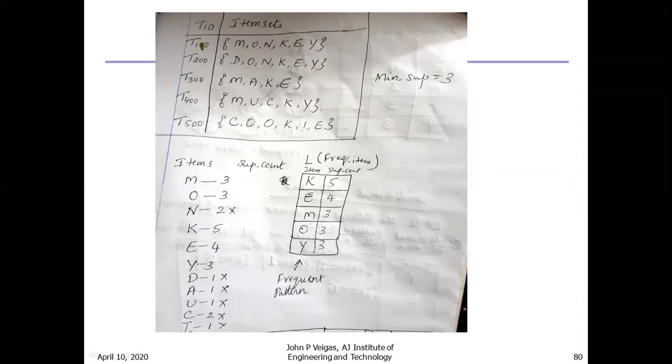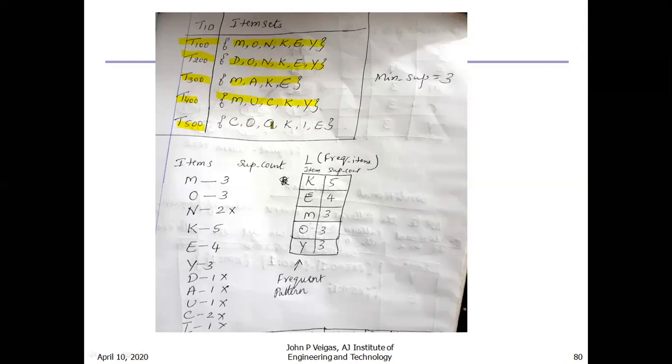Transaction IDs are given: 100, 200, 300, 400, 500, and the corresponding items purchased in each transaction.